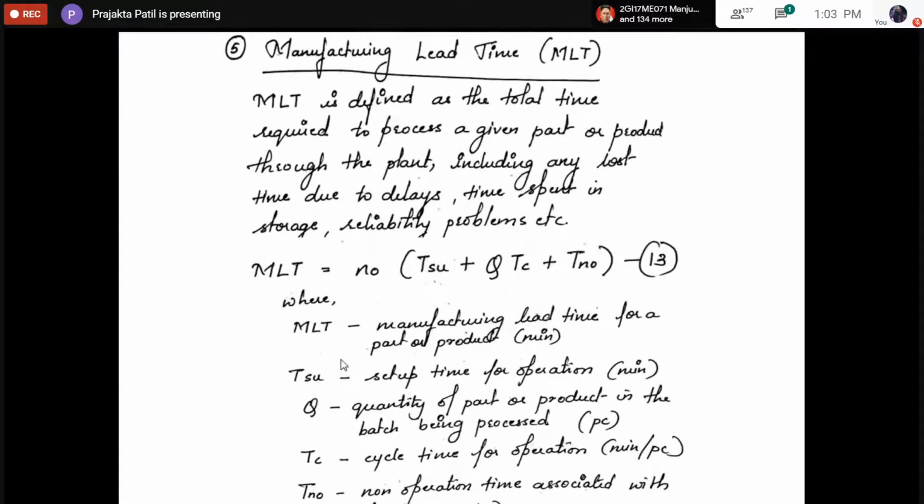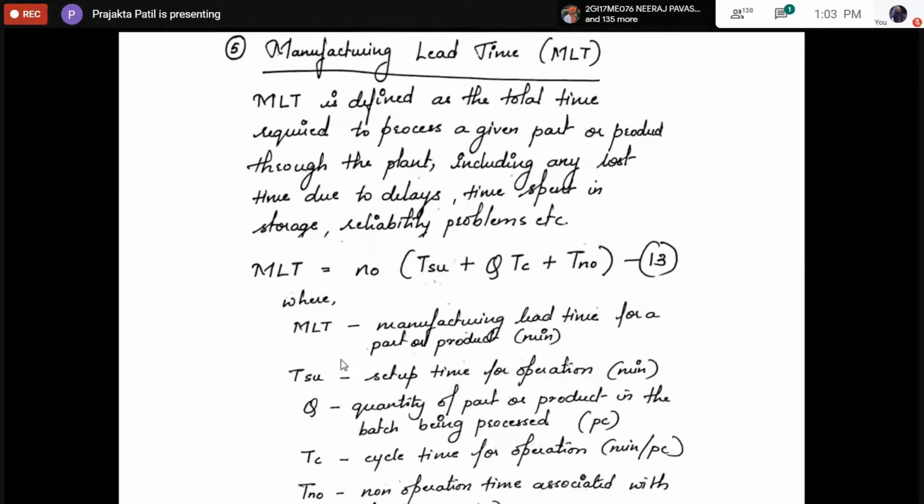When it comes to production, it usually consists of a sequence of individual processing and assembly operations. You can classify these activities into two categories: operational and non-operational activities.